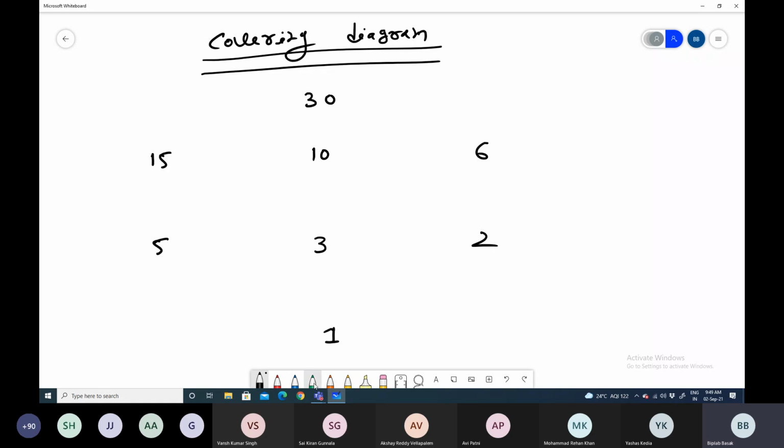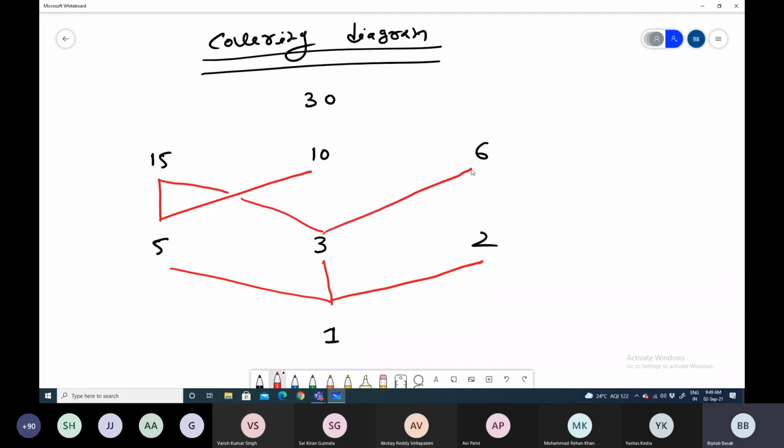And how are they related? 1 goes with this. Now 5 goes with 15 and 10. 3 goes to 15 and 6. 2 goes to 6 and 10, and then this.